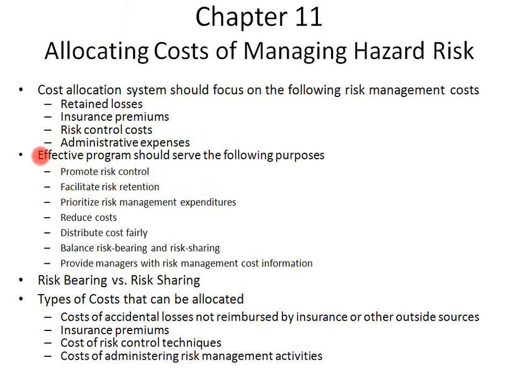What you're trying to facilitate by having an allocation program: risk bearing versus risk sharing. Again, allocating to departments versus socializing some of the programs, and some of the costs that can be allocated as part of that. So cost of accidental losses that are not reimbursed by insurance or other outside sources, insurance premiums, and cost of risk. As we go through all this in one night, you're going, oh my gosh, how am I going to study for all this stuff?